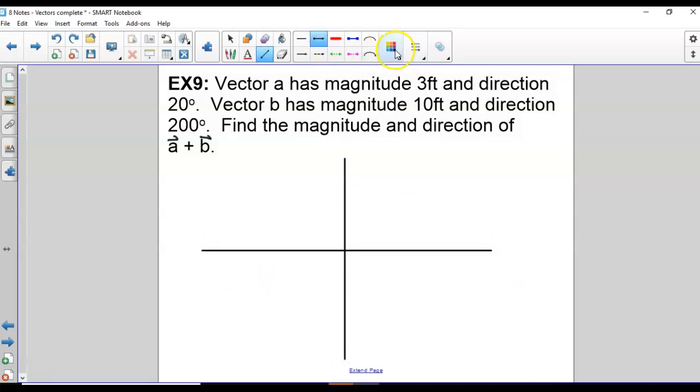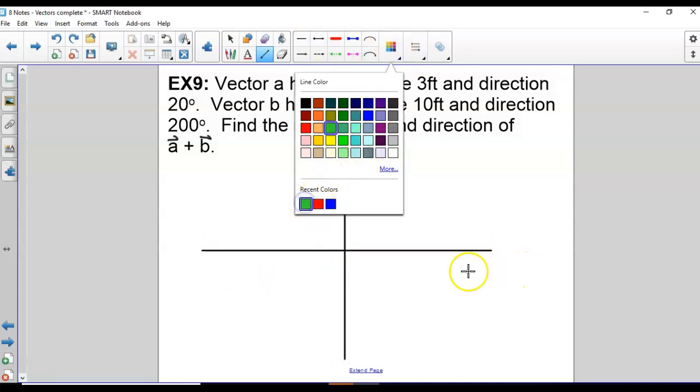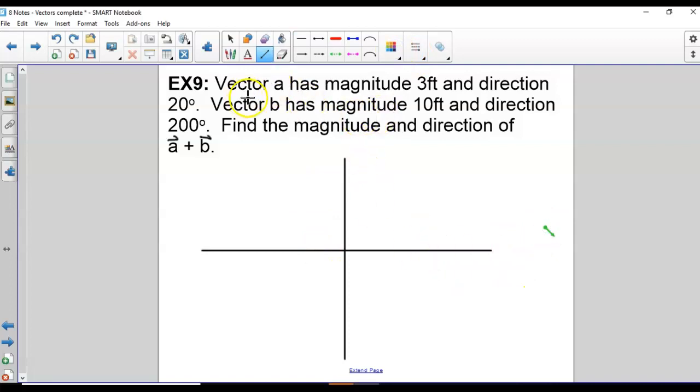It's also going to have something a little bit weird about it. So our first vector has a magnitude of 3 feet, and it has a direction of 20 degrees. So here we've got 20 degrees and a magnitude of 3 feet.